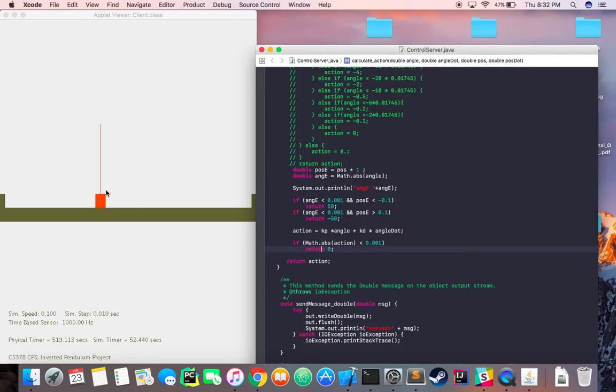Even if you dismiss a really small angle value, sometimes it does push just a little bit because of the angle of the pendulum. It keeps moving either right or left at a very small rate, but it is still there.